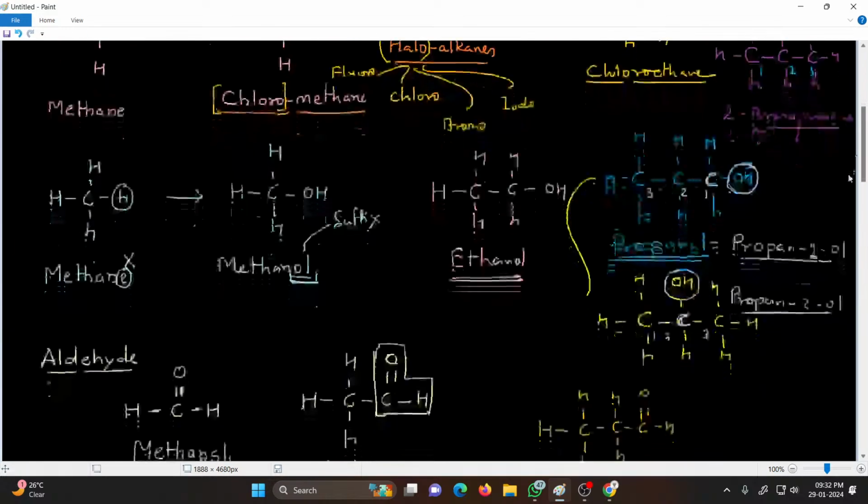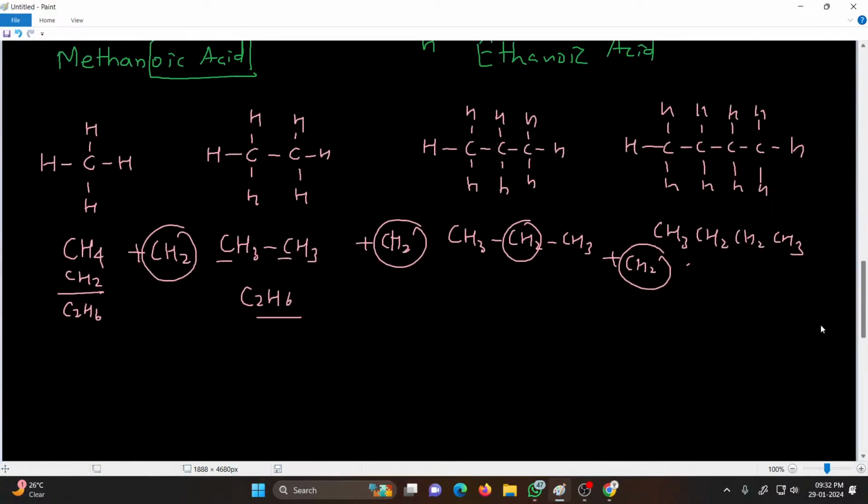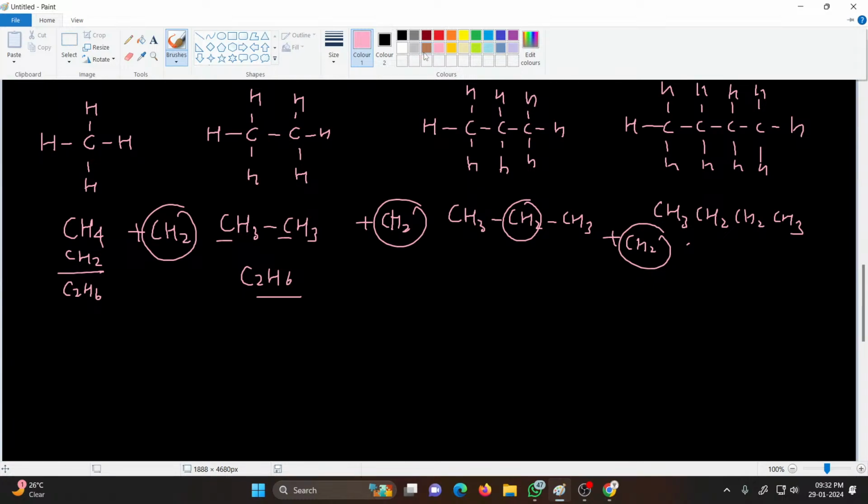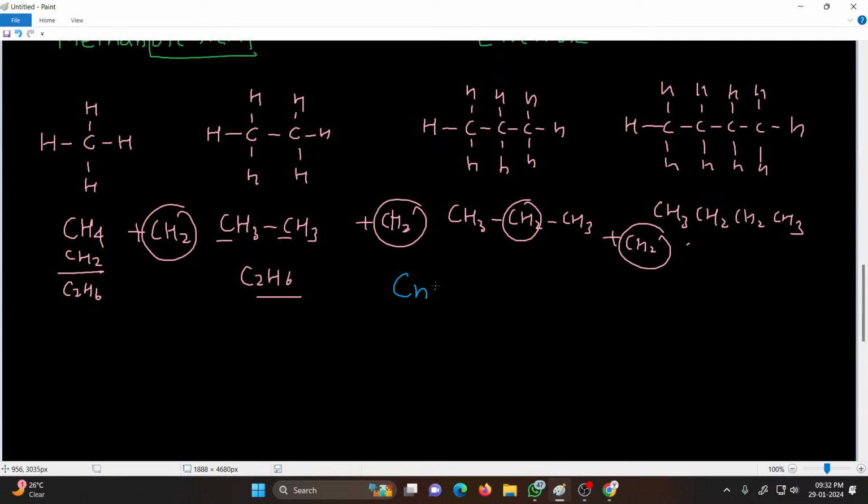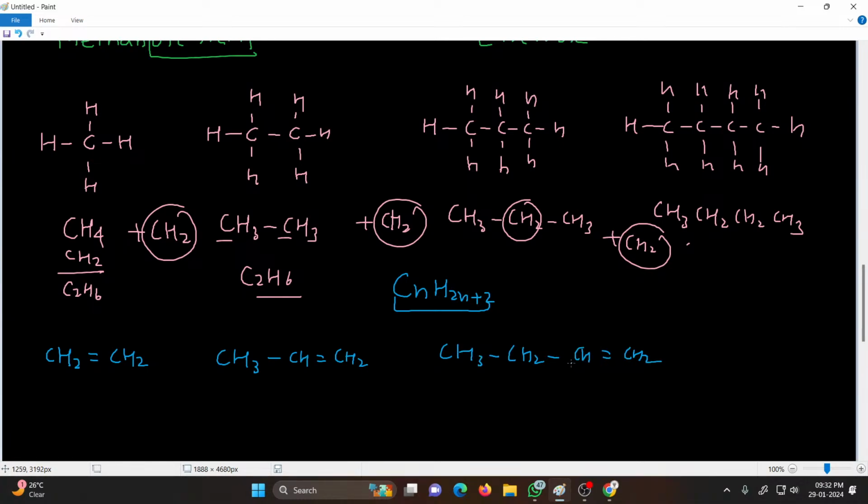So this is a homologous series of alkanes, you can see, and the general formula is CnH2n+2, like this. Similarly, we can have a homologous series of alkenes, like the simplest one is CH2 double bond CH2, then we have CH3CH double bond CH2, then we have CH3CH2CH double bond CH2, and so on and so forth.